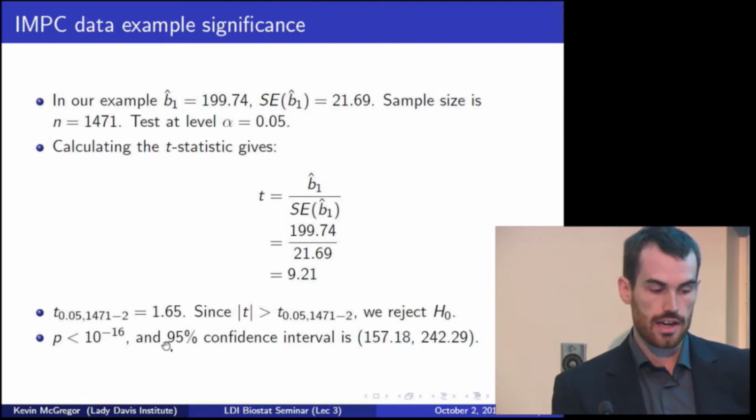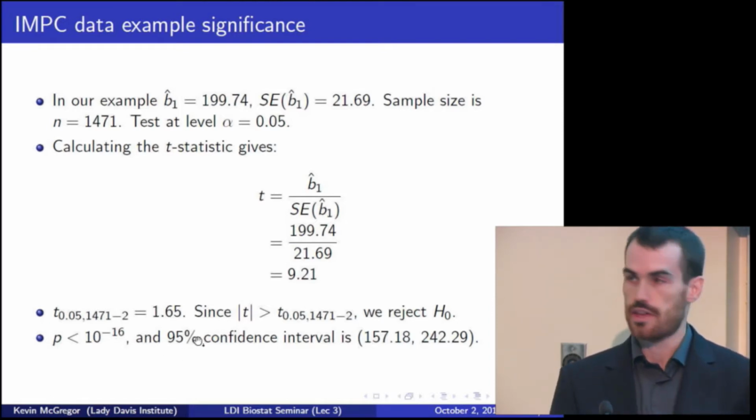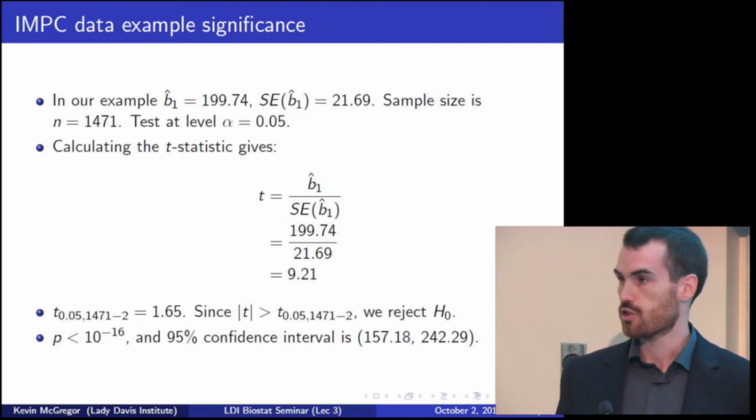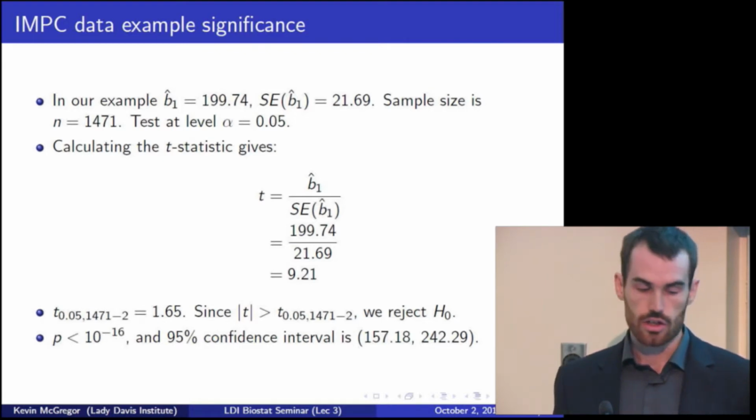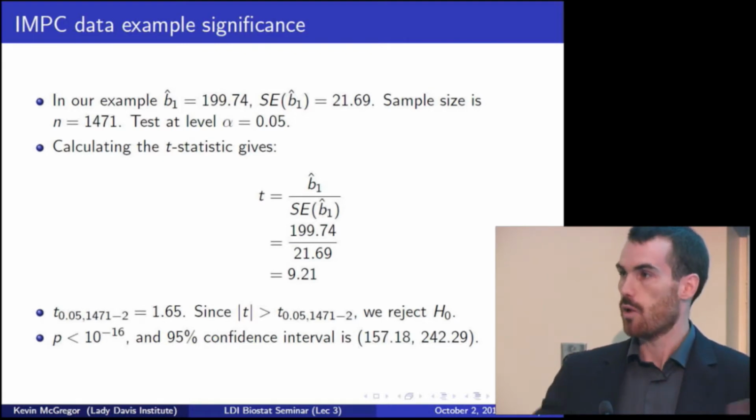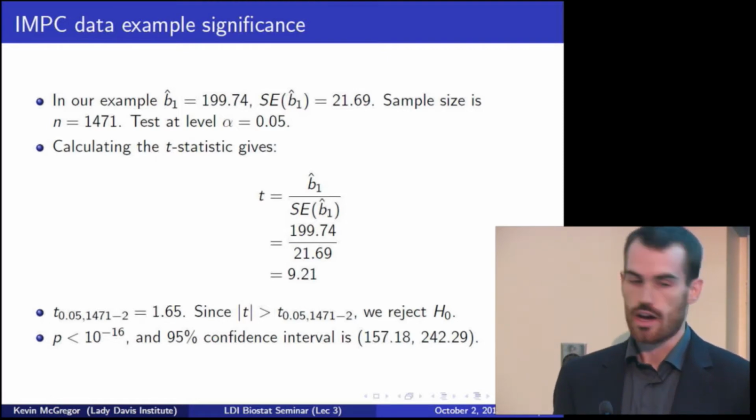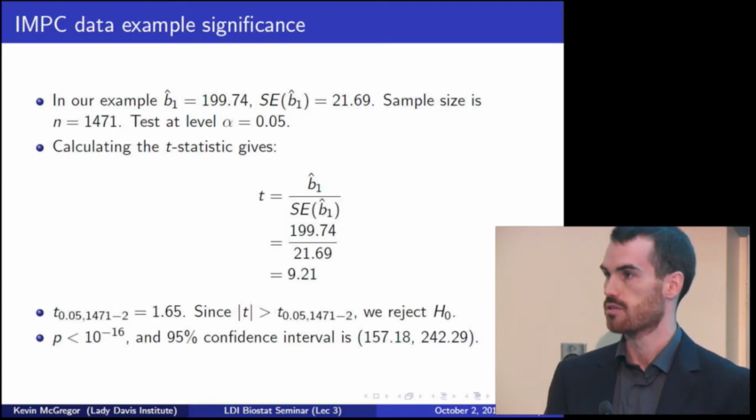So if we had, let's say, a 99% confidence interval, then this would actually be a wider confidence interval, because the wider you get, the more confident you are that the true value of the parameter is contained within that interval. So all it is is a viable range for the true parameter value.